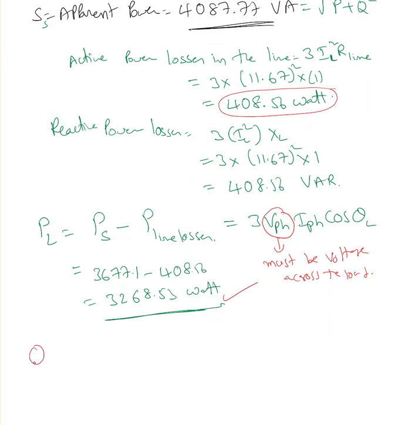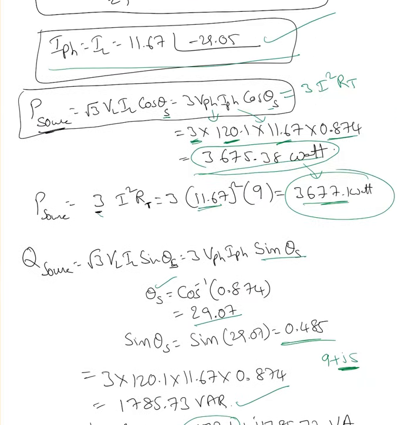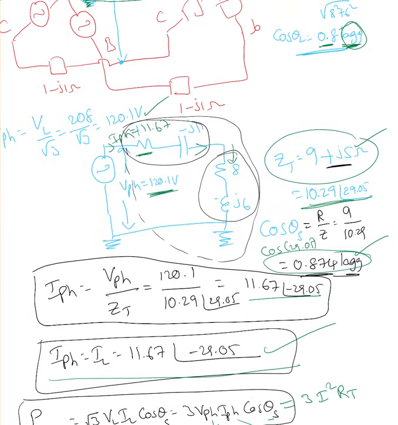Now we can find Q load the same way, equal to QS minus Q line losses. But here is one important thing you need to remember. When it comes to the reactive power losses, I would say this is not a loss, this is a gain, because in the line we have capacitive reactance.